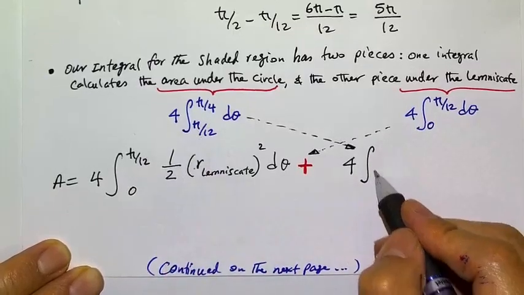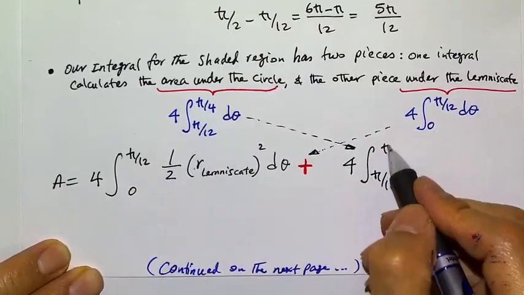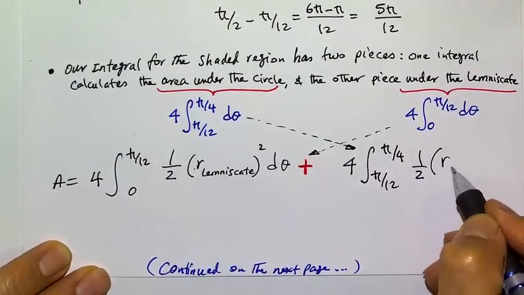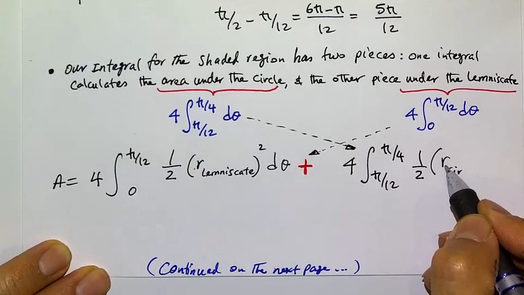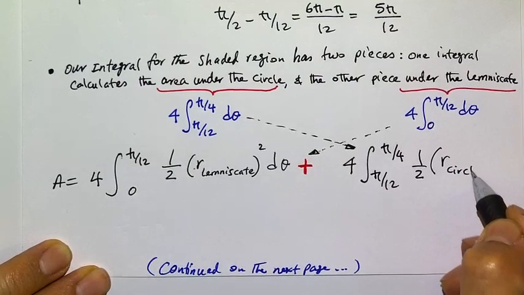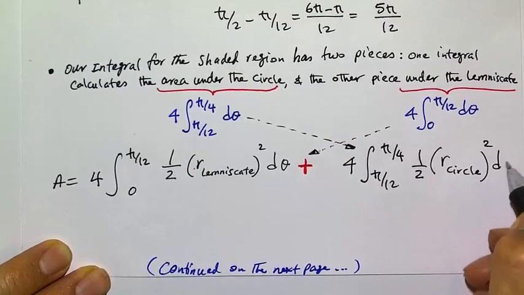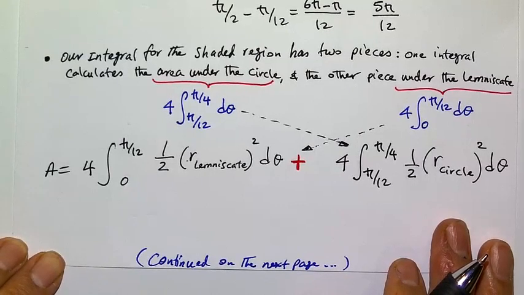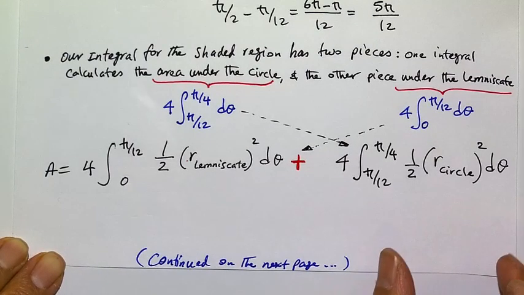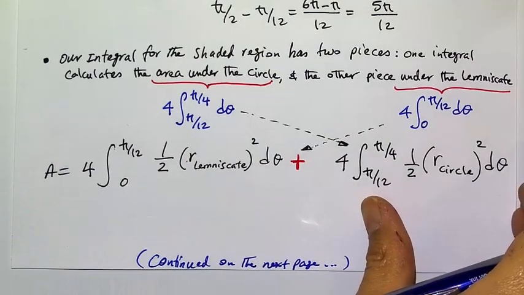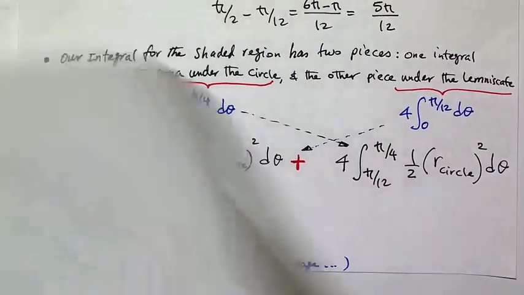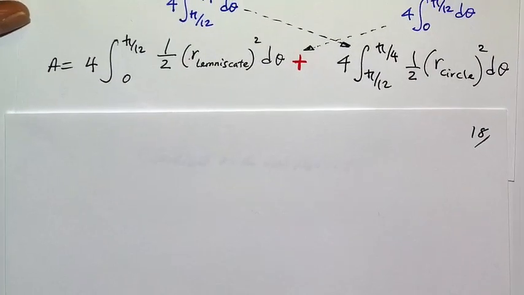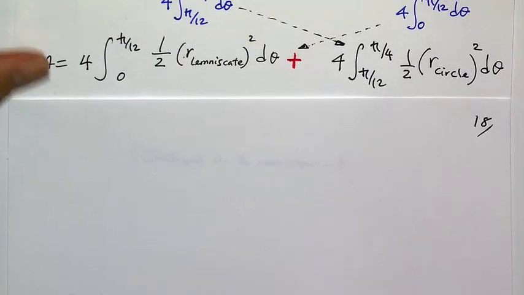It's going to be from pi over 12 to pi over 4, 1/2 the polar equation, r for the circle, squared d theta. Okay? I hope that is making sense now. Okay, so let me go to the next page, because I think this page is cluttered enough.